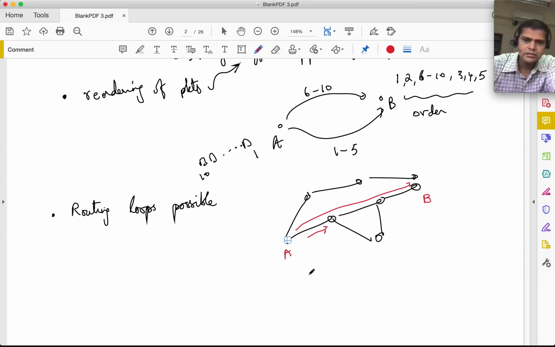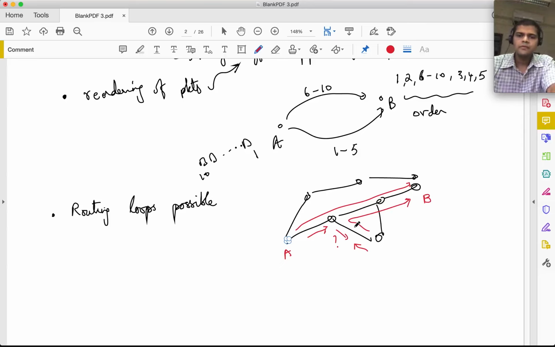So his information is a little bit stale, so he may think that this is the shortest path, even though A thinks this is the shortest path. And maybe this particular node thinks that the shortest path actually is this way. So he will maybe send the packet back over there.